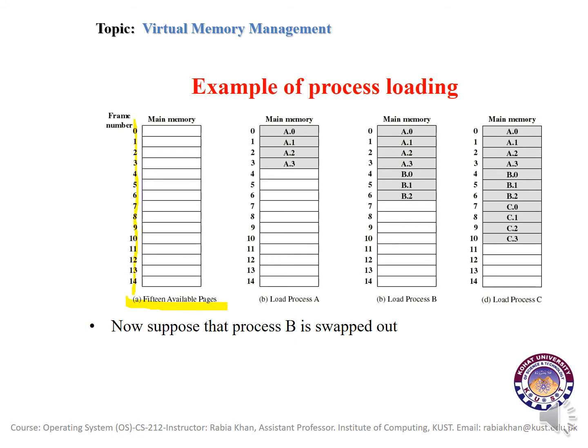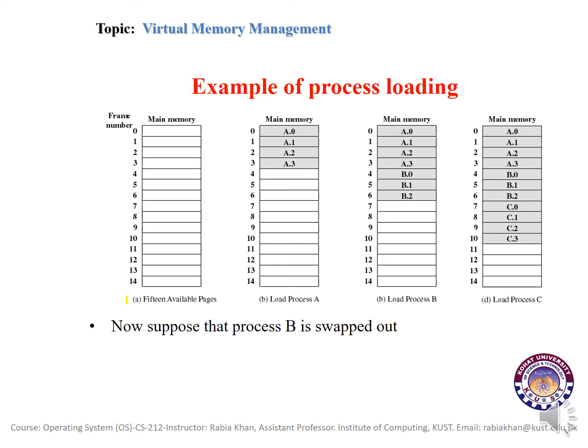A process arrives with name process A. Process A has been divided in 4 pages and labeled as A0, A1, A2 and A3, showing 4 pages of process A. All these 4 pages of process A occupy 4 consecutive available free frames starting from frame number 0.